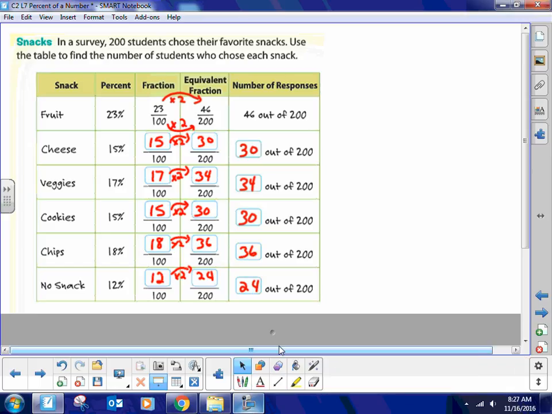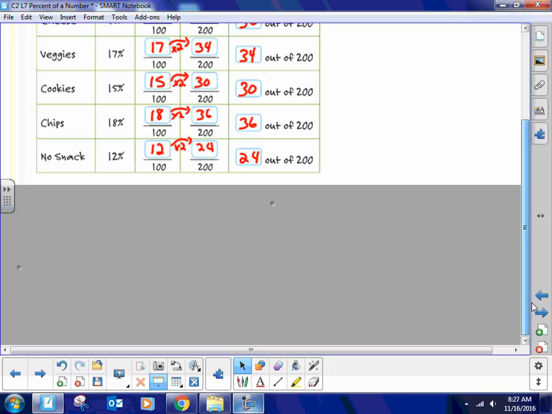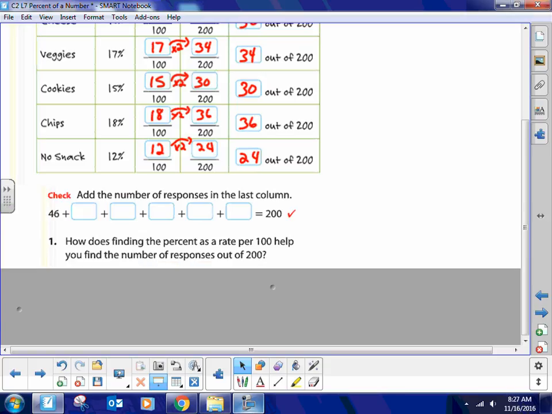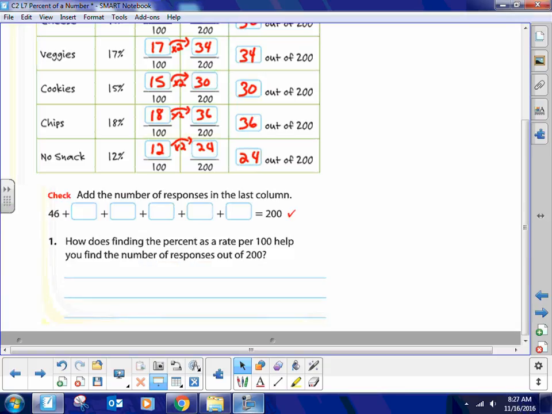Now, this way of solving for a percent is okay, because we're finding the percent of a number. This works only if the number is a nice round number like 200. If it's not, I will show you how to do it.